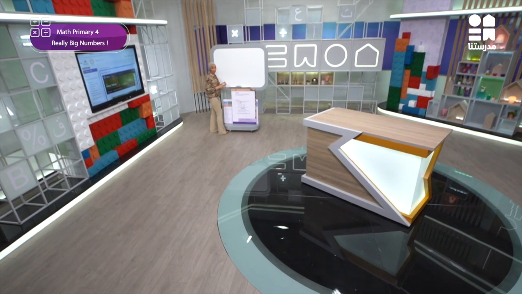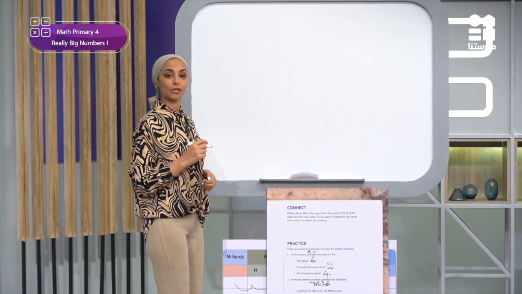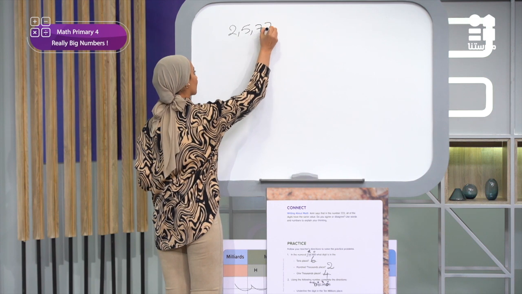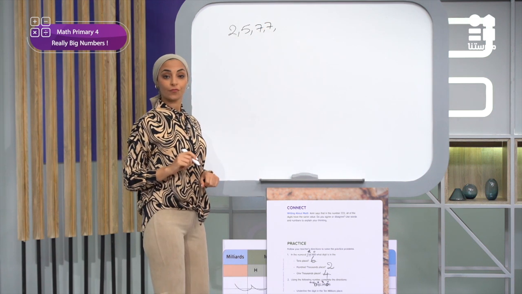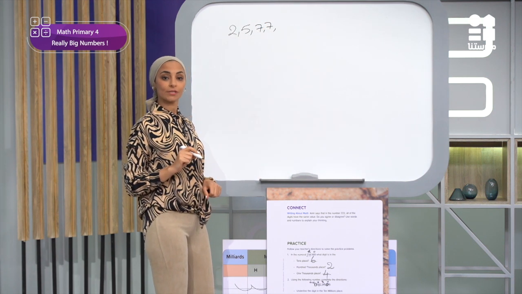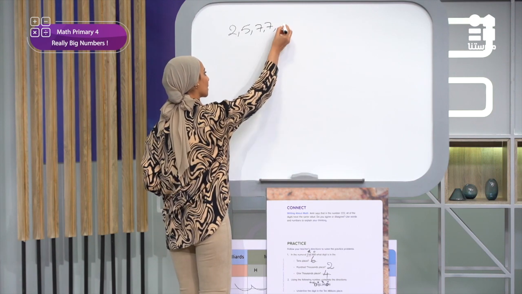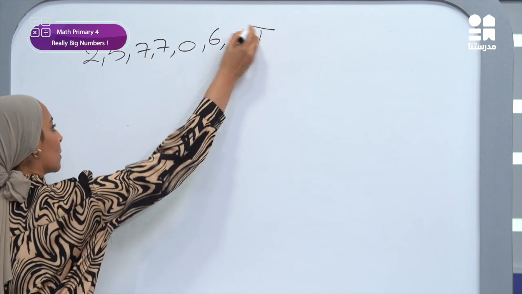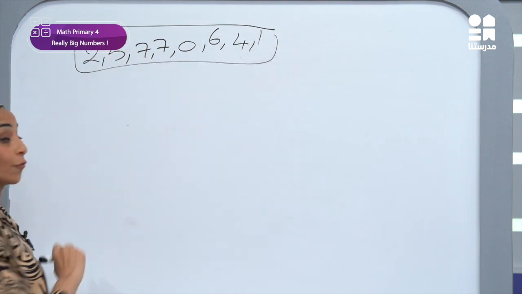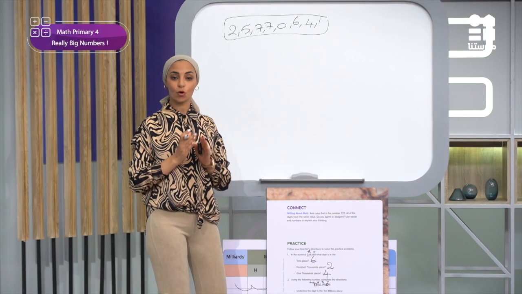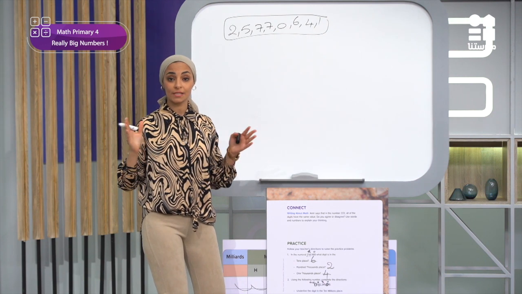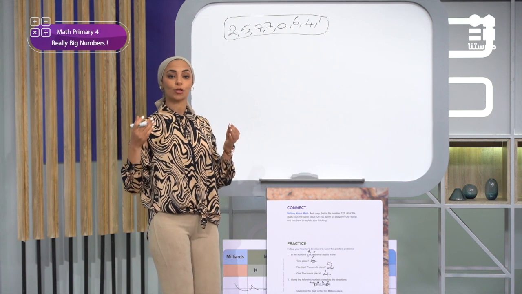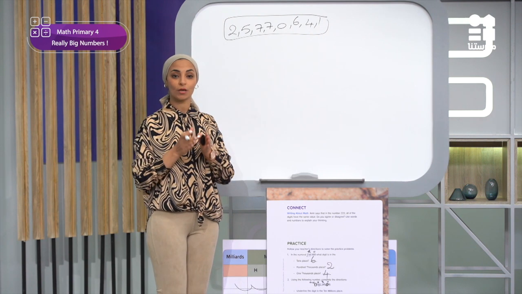Here I have these digits, which are 2577, 25770641. 0, 6, 4, and 1. Look, with these digits I want to form the greatest and the smallest number only using these digits. Nobody can add digits of their own. These digits are the only ones I will use to form the greatest and smallest number.